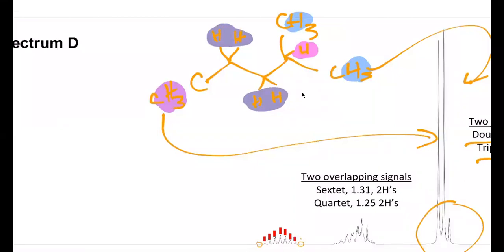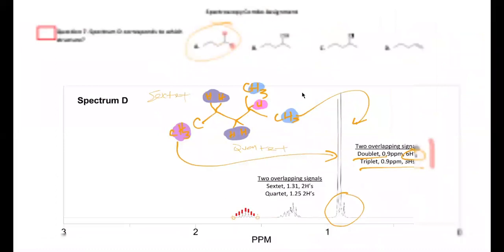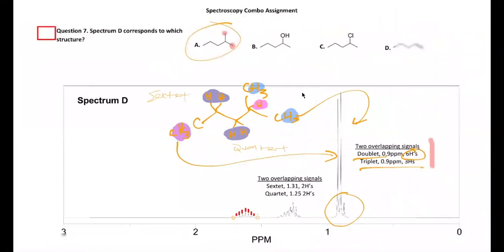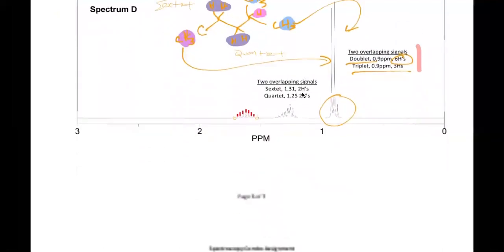You're right. And then this one is going to be what? Quartet. Good. I think it's clicking, which is great. But that's how NMR is. You've got to keep touching it, keep doing it, and then eventually the light bulb will come on.